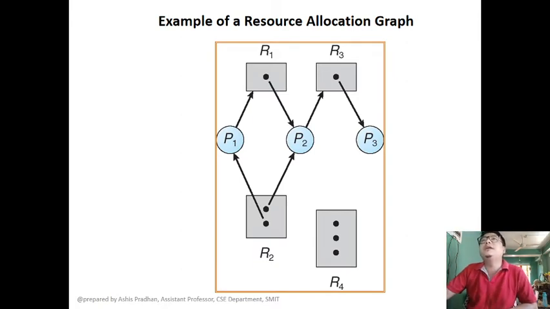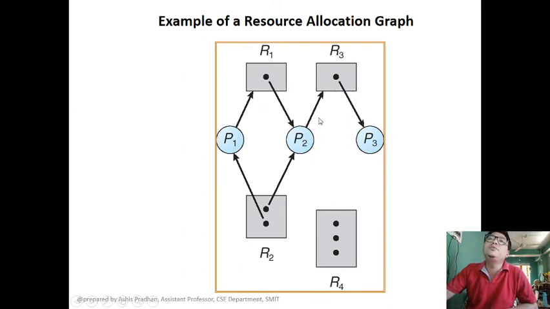Looking at this system, I can easily make out that it is not in a deadlock situation. For example, once P3 completes its task, it will release R3, and once R3 is released, it will get assigned to P2. Now P3 has completed its task. P2 already has one instance of R1 and one instance of R2, and now R3 is also free, so it has all three resources to complete its task.